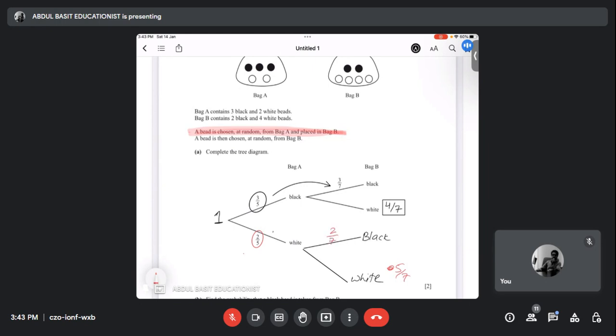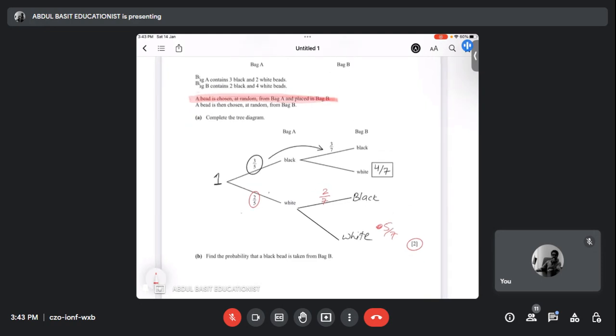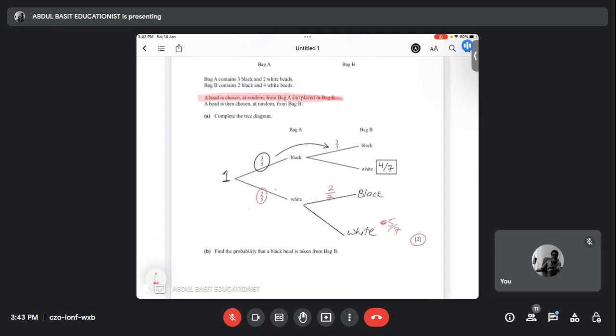समझ आई है बेटा सबको? Okay, find the probability that the black bead is taken from bag B. कि black bead जो है ना वो bag B से pick किया गया है. So it would be black black plus white black. Can you see that?